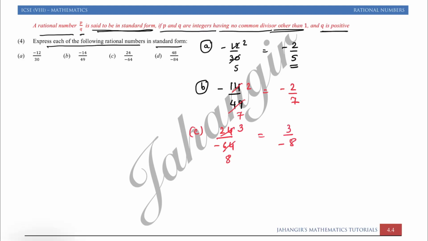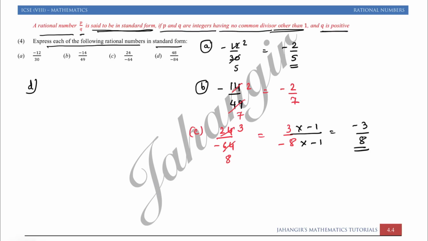Since the denominator is negative, I have to make it positive, so I will multiply by minus 1. If your denominator is negative, we can make it positive by multiplying with minus 1. So it will become minus 3 upon 8. Now the numerator is negative and the denominator is positive. In this way you can get a fraction in the standard form.